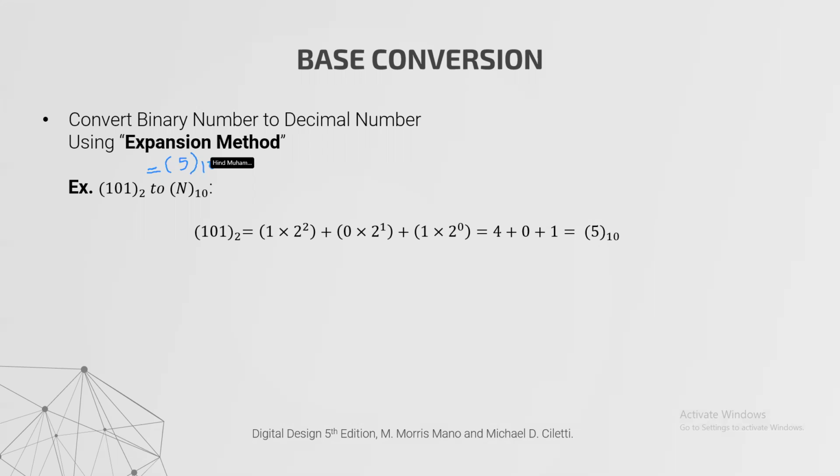The first place here is the ones place, just like in decimal. Now, there is a 1 here, so we are going to multiply 1 times 1. The second place, the second bit here, is actually the 2's place, and there is 0, so it is 0 multiplied by 2.